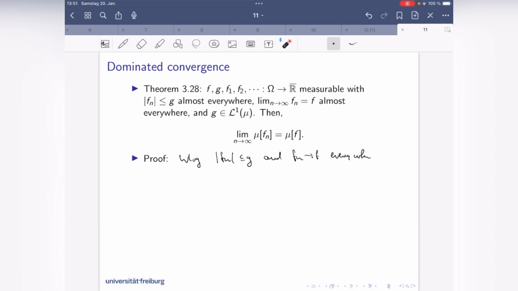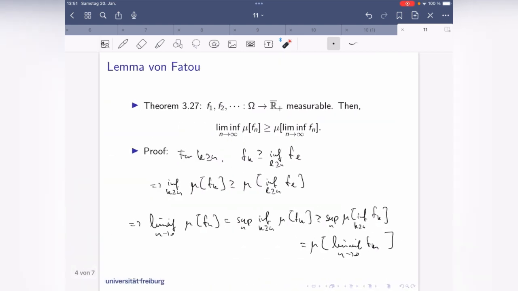How can we use it? So first, I can write mu of g plus f. So g plus f is a limit of g plus fn. And lemma of Fatou says that mu of the limit is smaller or equal than the limit of the integrals.